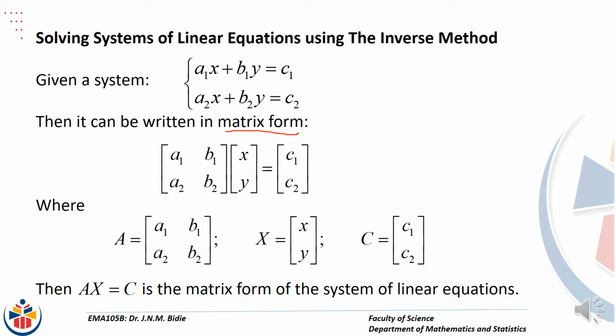And then you've got a column vector there, which is X, Y, equal to the constants that you have on the right hand side, C1, C2. So A is equal to the matrix of coefficients, X is the matrix of variables, and C is the matrix of constants. Therefore, we're able to simply say AX is equal to C, represents the matrix form of the system of linear equations.